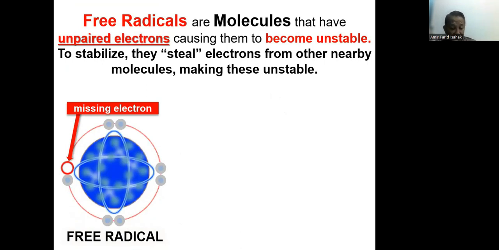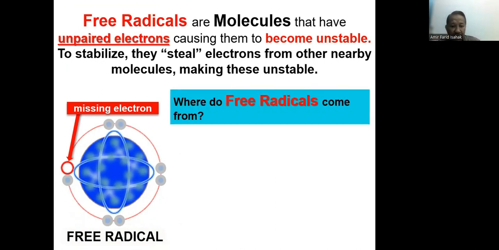To stabilize, they tend to steal electrons from other molecules nearby, and that will start a cascade of unstable molecules. If that happens in the cell, it will damage the cell, then damage the tissue, damage the organ, and damage the body.